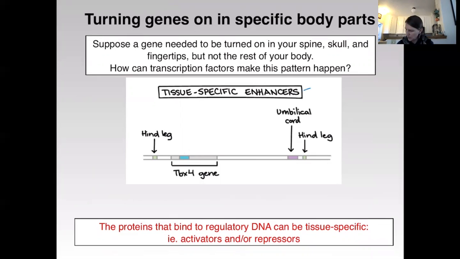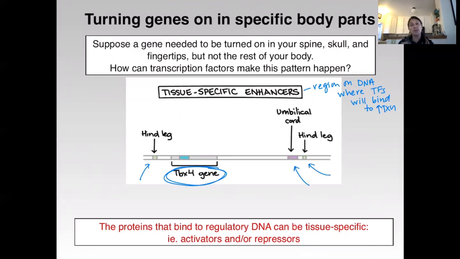And the enhancer, again, is a region on DNA where transcription factors will bind to increase the likelihood of transcription, all right? So for example, here is our gene, our TBX4 gene, and we have enhancers that again are all over that chromosome. We have one here in front of it for the hind leg, we have other ones down here, right? Because eukaryotic regulation can happen from far away.